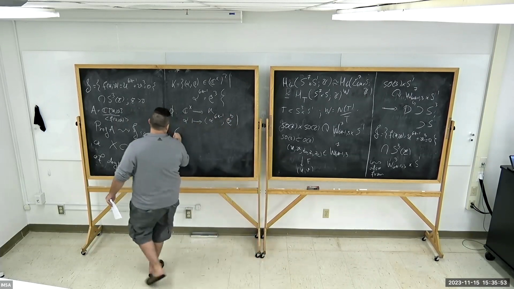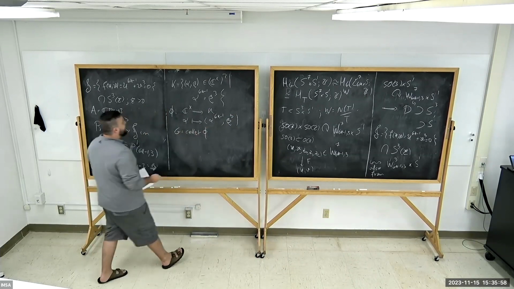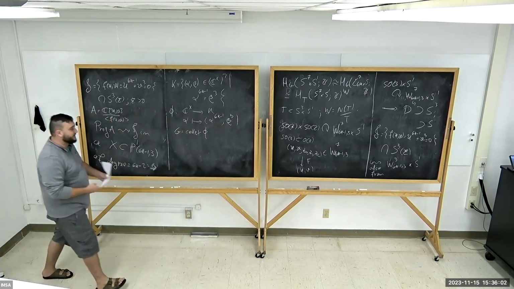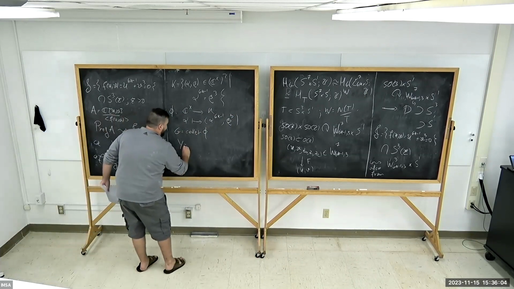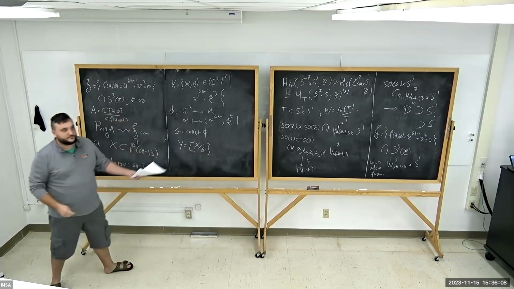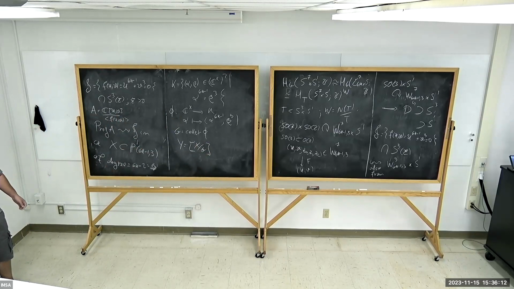And we let G be the cokernel of this map. And then G acts on the variety X. And then we get a stack.